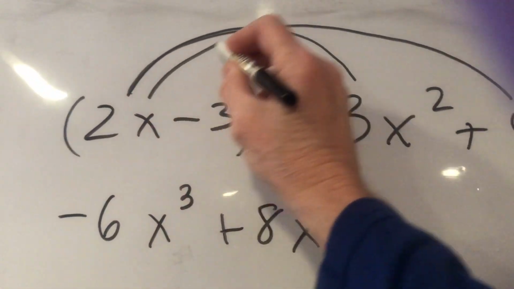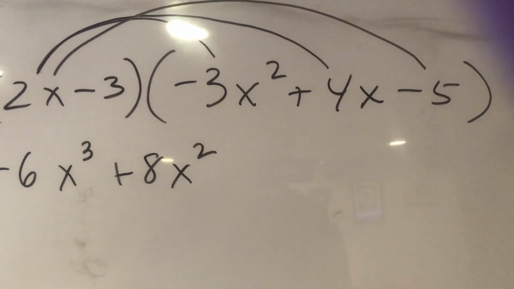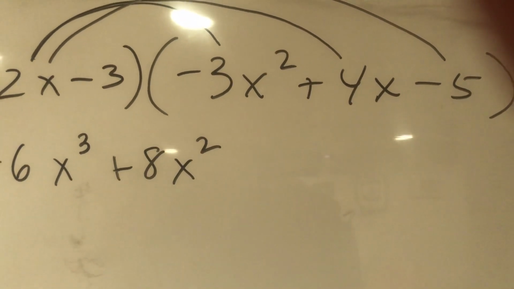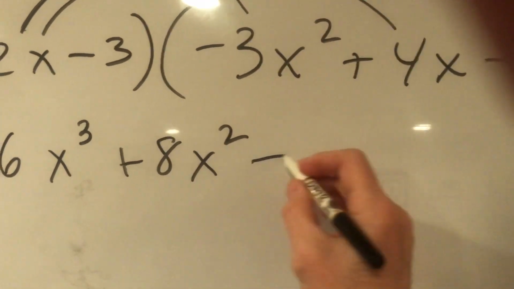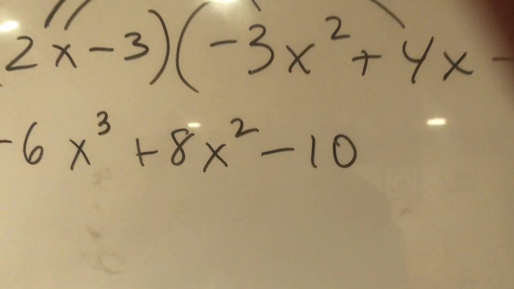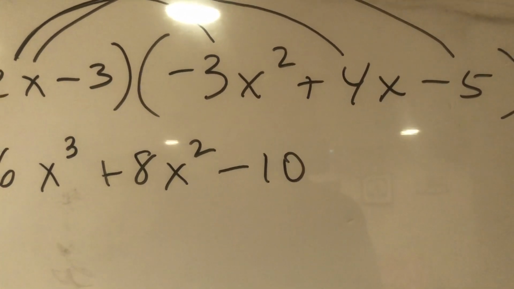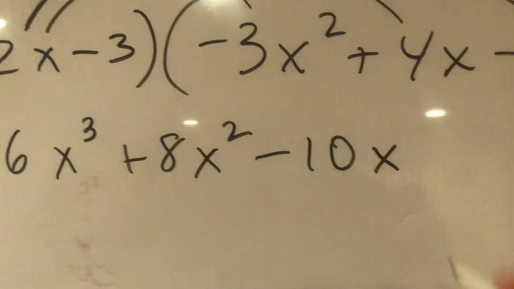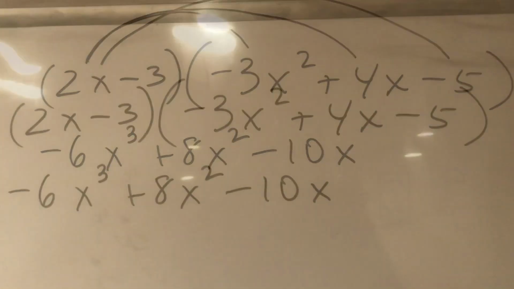That's right. 2x times negative 5. So the negative 5 doesn't have a variable next to it, does it? So we just go 2 times negative 5 is negative 10. And then x, there's nothing next to the 5, I should say. And we put an x. There you go. That's the start.